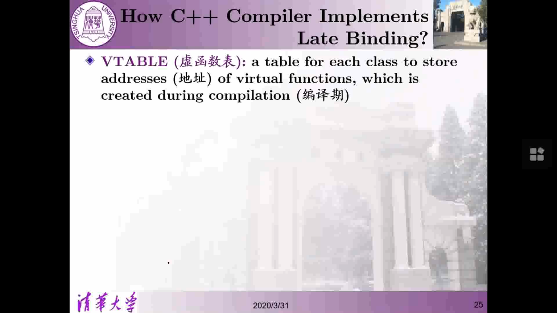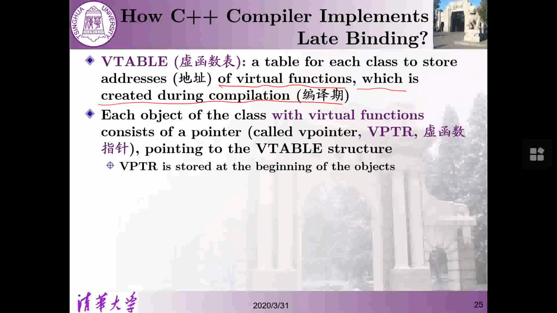Okay, so for this virtual table, it is a table for each class to store addresses of the virtual functions, which is created during compilation. So the virtual table is created during compilation, and then it is stored in the object during runtime.